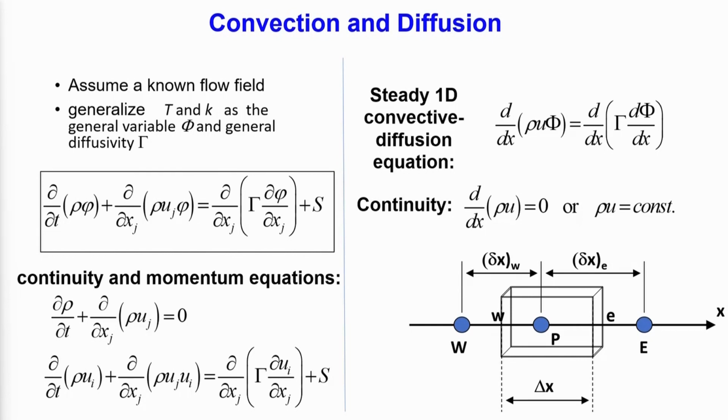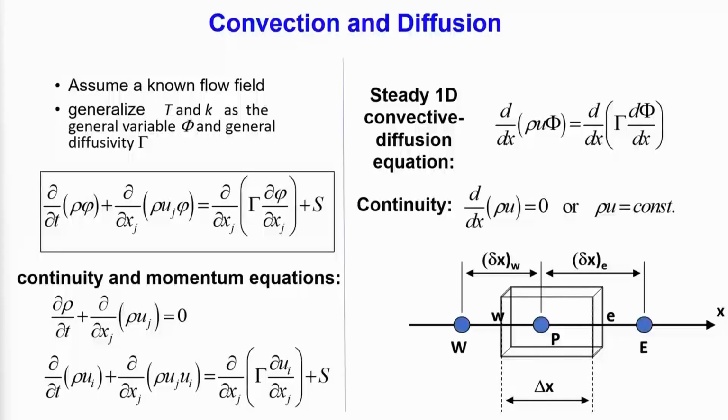That is the numerical solution of the fluid flow equations that we will study in the next session, but for this session we will assume that it is known from somewhere. If it is known from somewhere, then how can we use that to solve for other variables like, say, temperature for example. So, let one such variable be phi. In the previous example where we were talking about the diffusion problem, the temperature and thermal conductivity are generically replaced with some variable phi and some diffusion coefficient gamma.